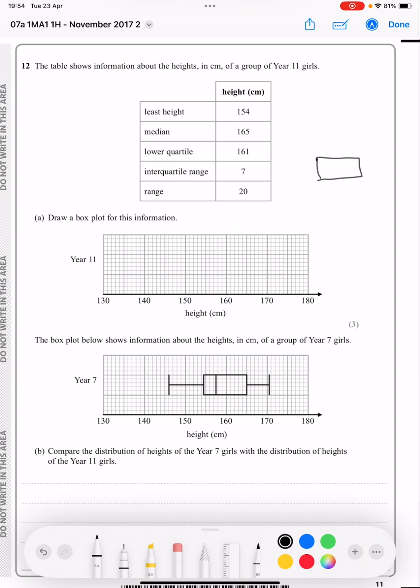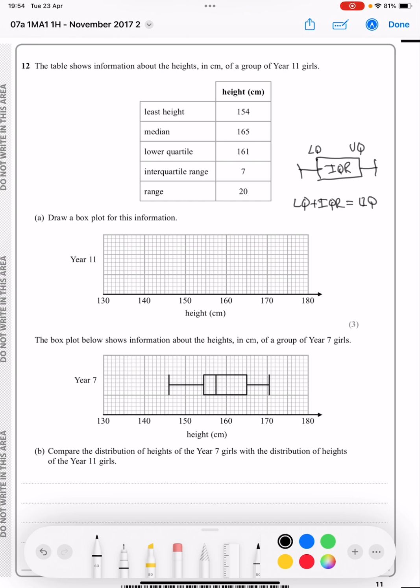And I know that from the box. If I have a box plot like so, I know that from the box, the lower quartile to the upper quartile is the interquartile range. So to get the upper quartile, the lower quartile plus the interquartile range is the upper quartile.